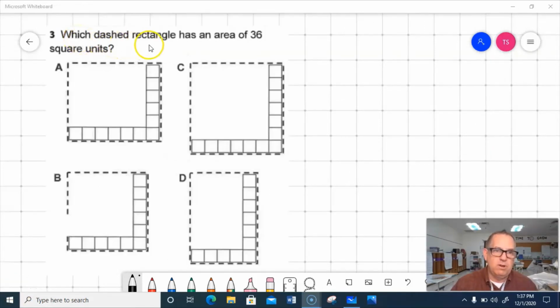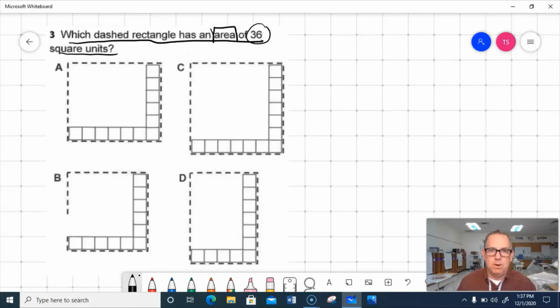Okay, which dashed rectangle has an area of 36 square units? Make sure we understand what the question is saying here. It says, which dashed rectangle has an area of 36 square units? So we're looking for area. And we remember area is equal to length times width.